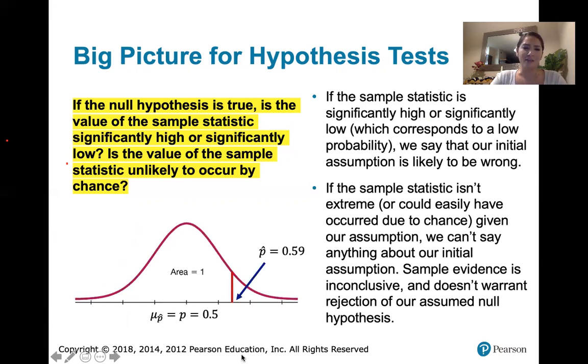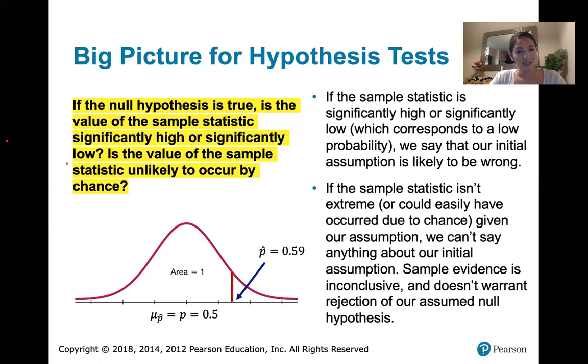Again, for our example from the last video, if we're looking at a sampling distribution of sample proportions, and we're assuming that the population proportion is equal to 0.5, and then we get a sample proportion of 0.59, the question to ourselves becomes, is that 0.59 likely to occur by chance or not?